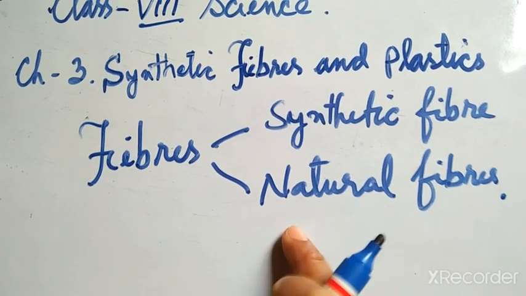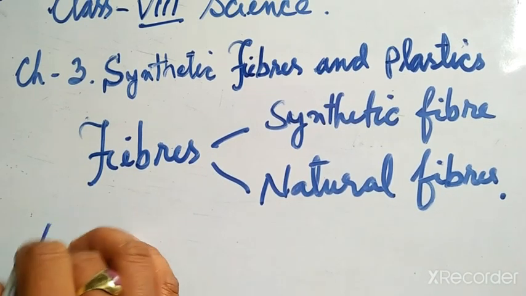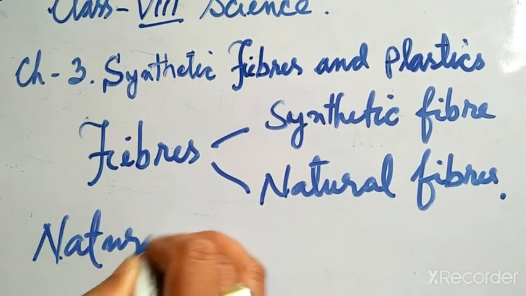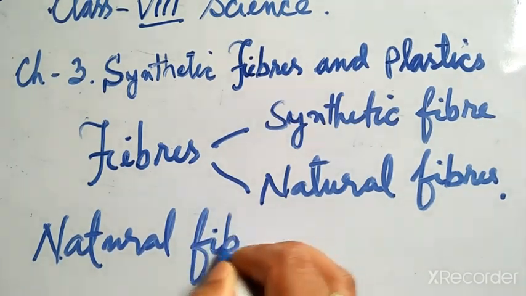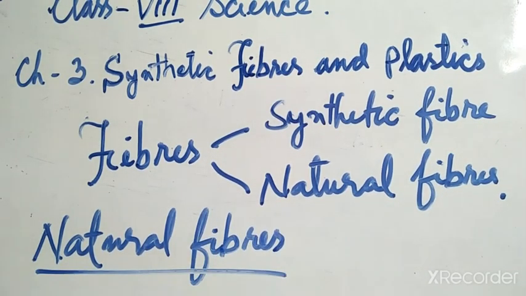First let's see natural fiber. Natural fibers are made from natural products like plants or animals. For example, cotton, wool, and silk. They are natural fibers.